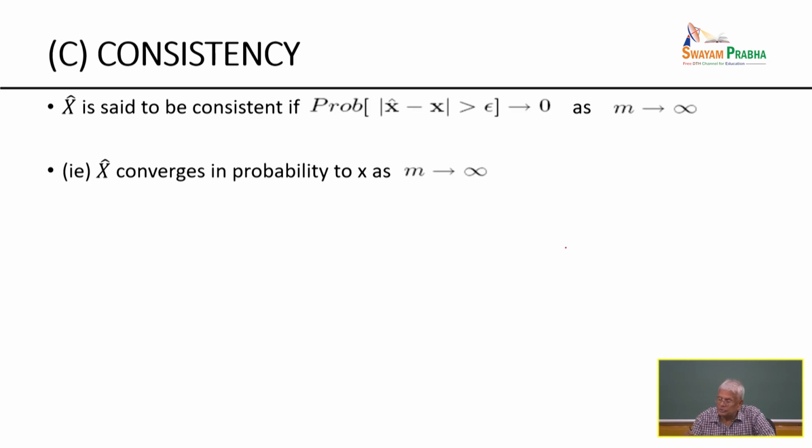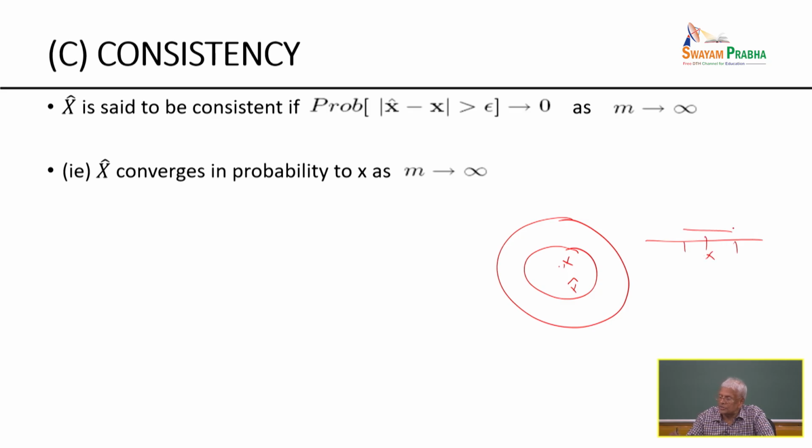Please remember, this is the space, x is the unknown, x hat lies in a small neighborhood around x. So, I want to ask myself the following question: what is the probability? Another way of looking at it, this is x hat, x hat lies in this interval.